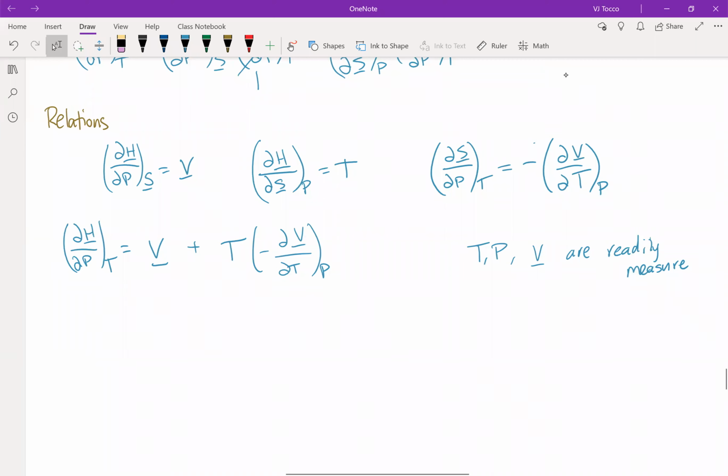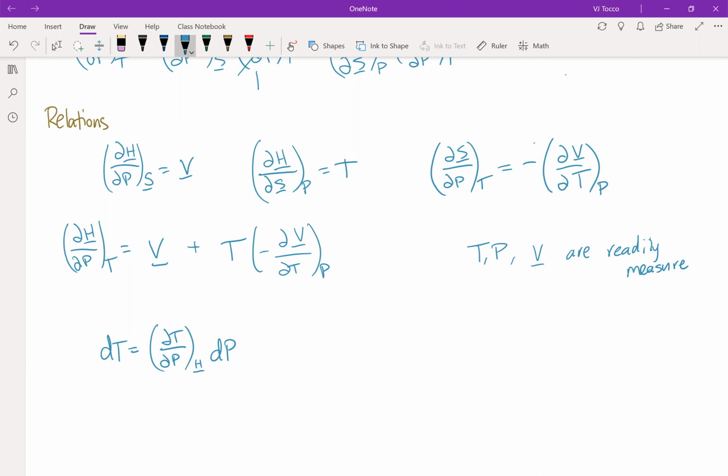So remember, the very first equation we wrote was dT is equal to (∂T/∂P) at constant H dP. And then through all these hoops we were jumping through, we calculated what (∂T/∂P) at constant H is.